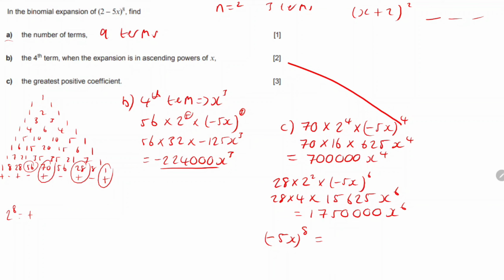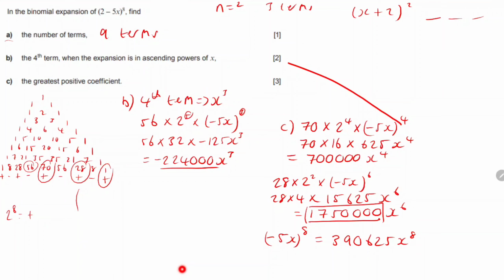And if we raise 5 to the power of 8, that gives us 390,625 x to the power of 8. So we can see that the biggest coefficient was from the 6th term, and it was this value here.